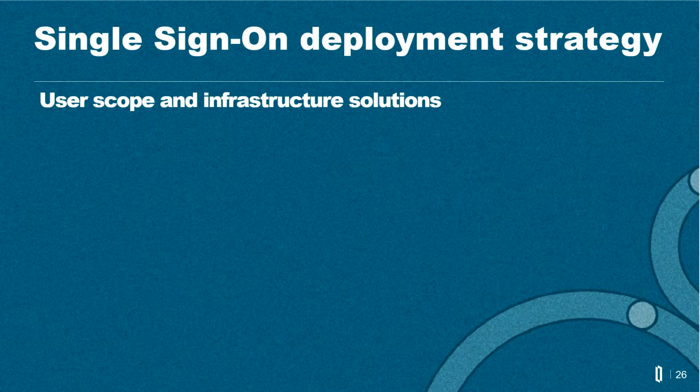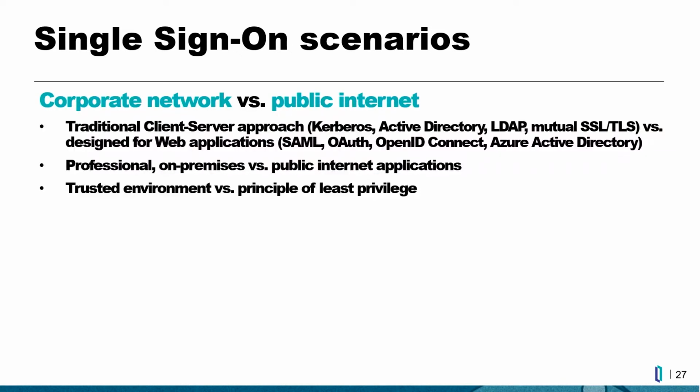When you try to decide which one of these solutions you're going to implement and what options you want to use, you will have to consider a few scenarios. The first, most common one that we see is the distinction between what happens in private corporate networks, restricted networks, and the public internet.